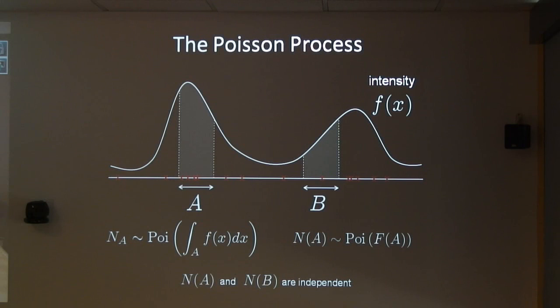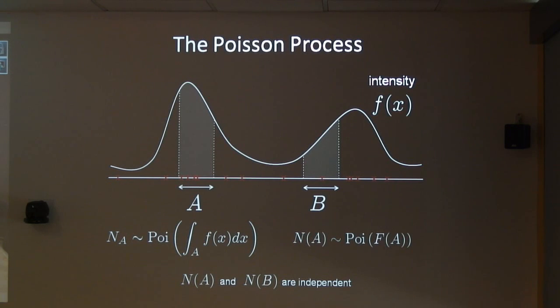So measures can be continuous. For instance, this intensity density f, you can turn it into a measure by calling it capital F. And what is capital F of A? It's the integral of little f, so the amount of mass that little f gives to the set A.